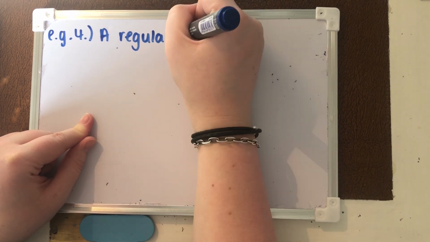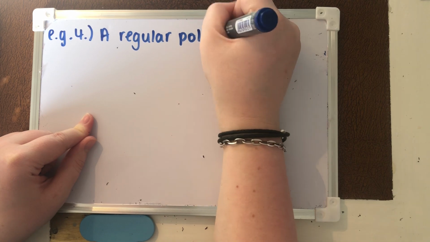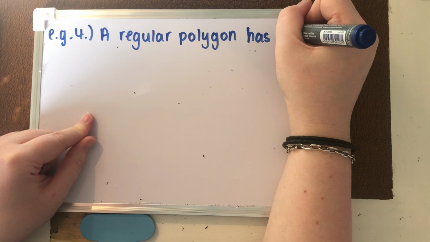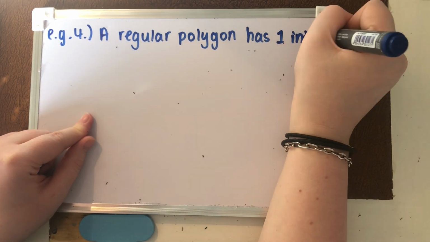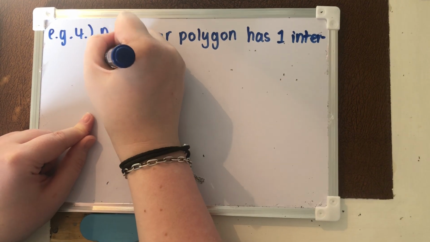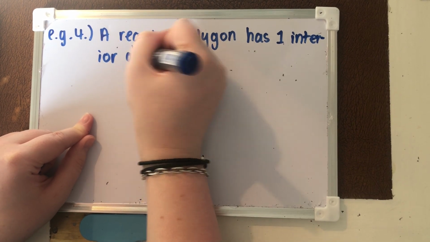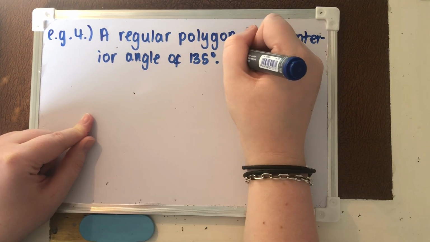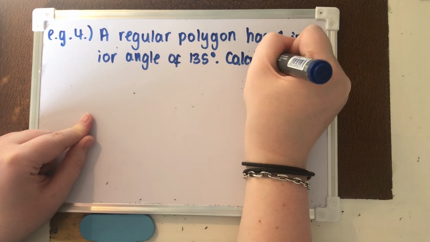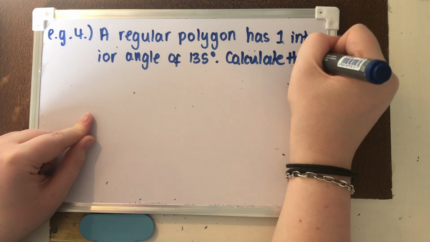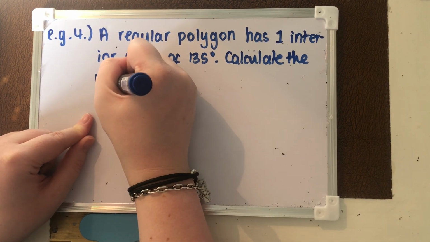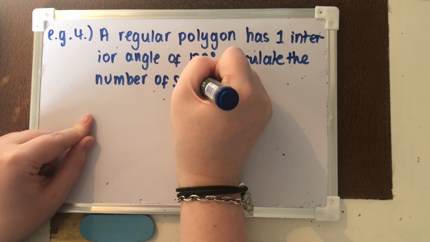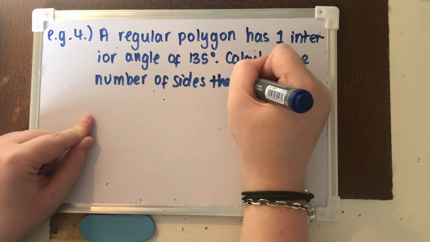So a regular polygon has one interior angle of 135 degrees. Calculate the number of sides the shape has.